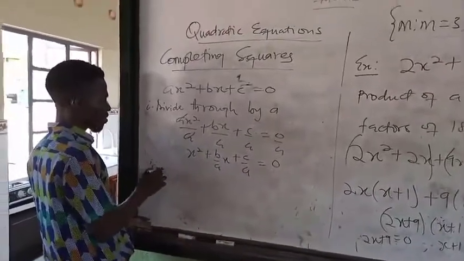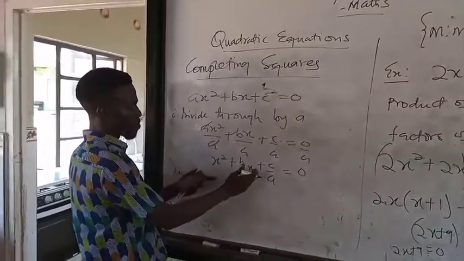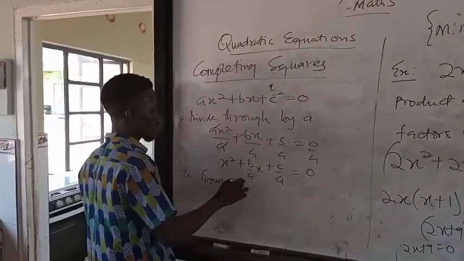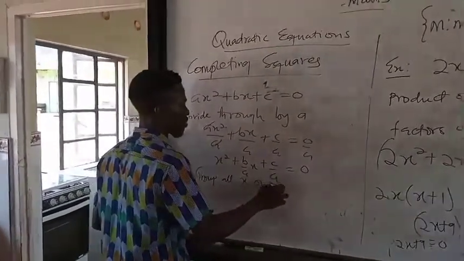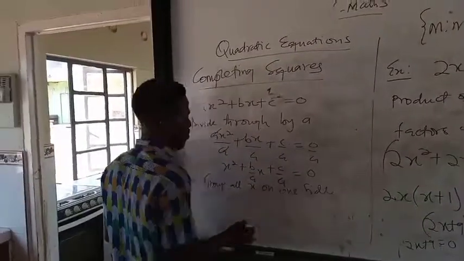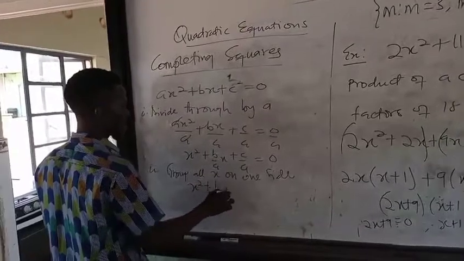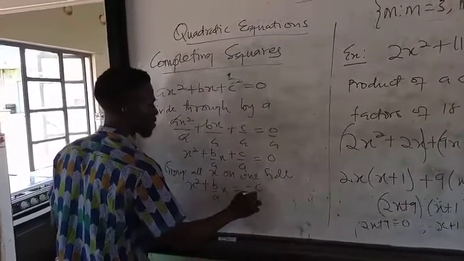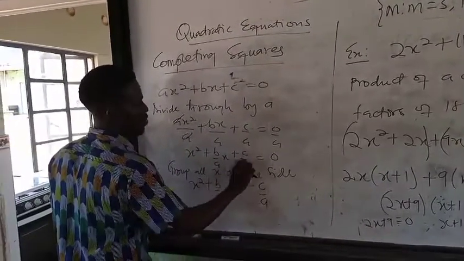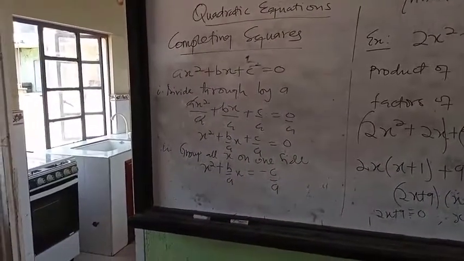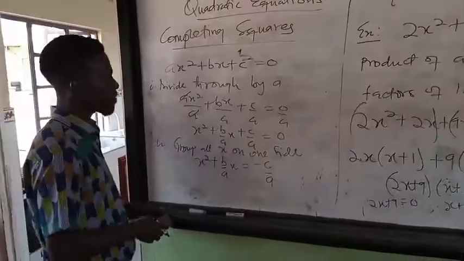Second one, group all x on one side. When you group all x on one side, we have x squared plus b over a x is equal to negative c over a. When c over a comes here, it becomes 0 minus c over a, which is negative c over a.